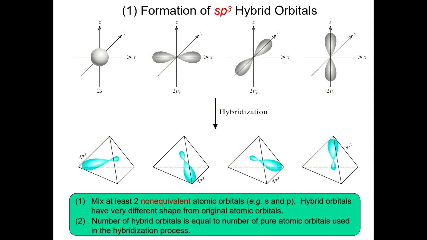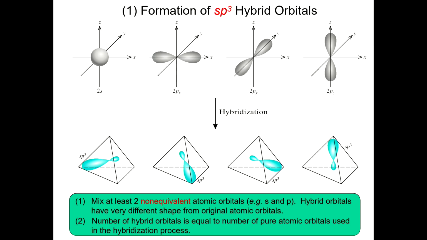So here, this picture shows the process. 1 s orbital, 1, 2, 3, 3p orbitals. These 4 orbitals can mix together to form 1, 2, 3, 4, 4 sp3 hybrid orbitals.